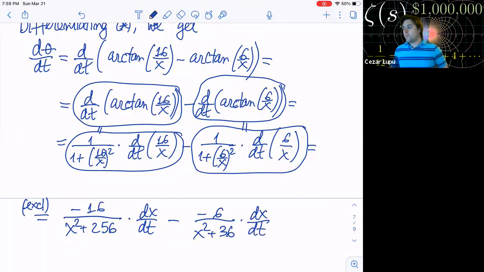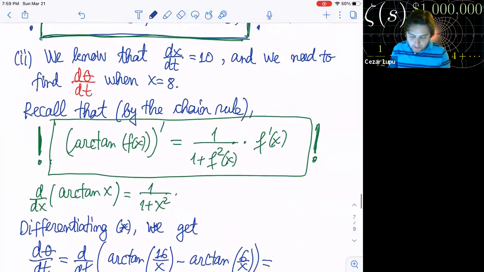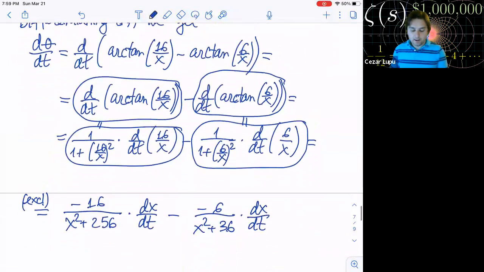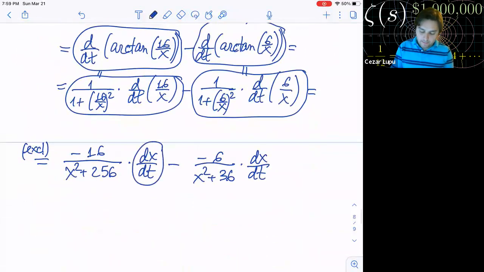All right, and we know what dx over dt is. Let's not forget that. It's right here, it's 10. And now we're just going to plug it in. So this is 10.